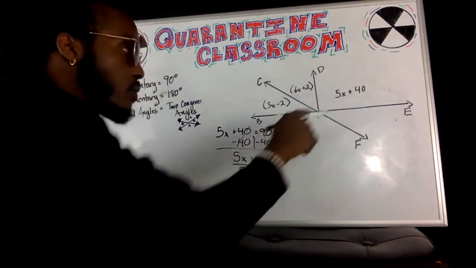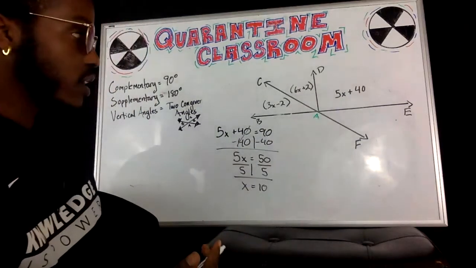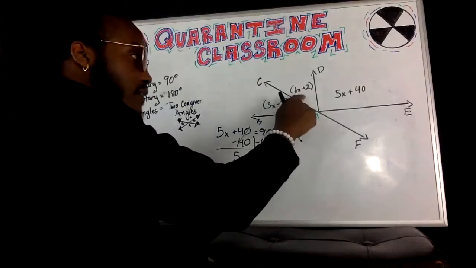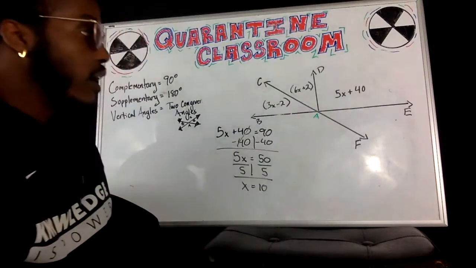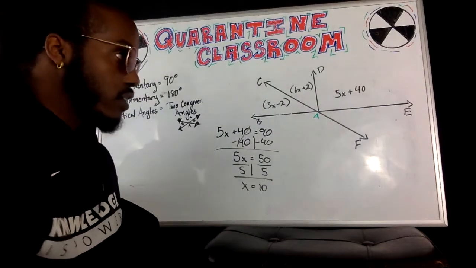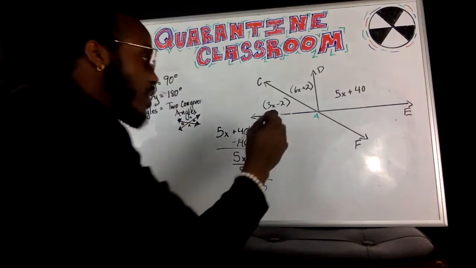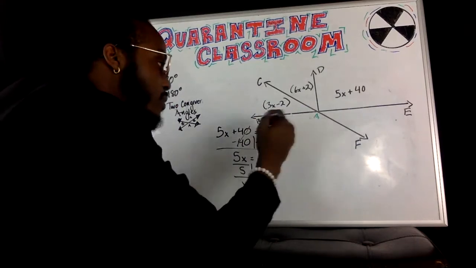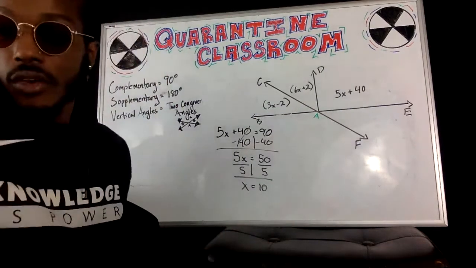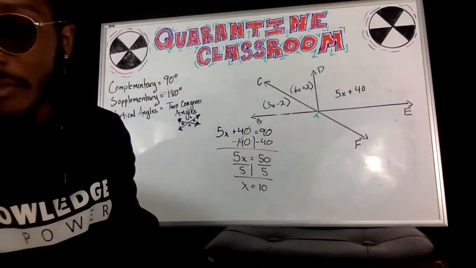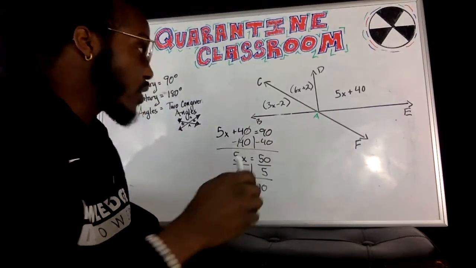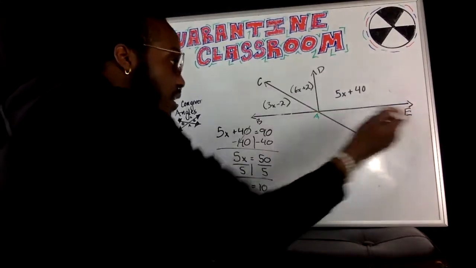Okay, so I now know that x equals 10, and I'm still going to have to find the value of this angle anyway, and I'll explain why. Basically, when I'm looking at angle BAF, I'm recognizing that BAF is a vertical angle with CAE.